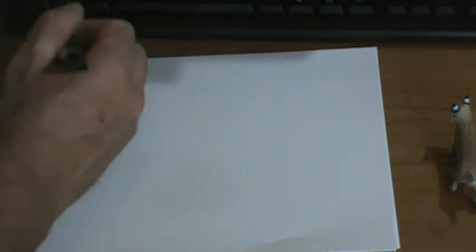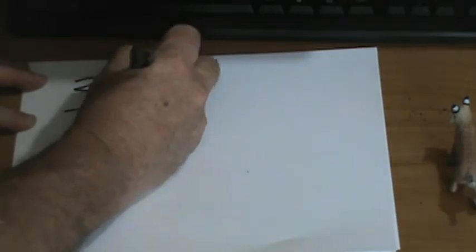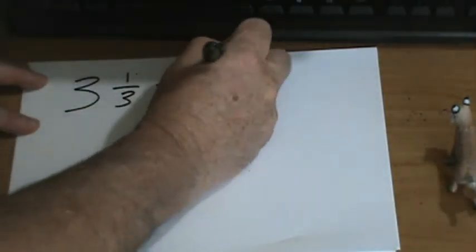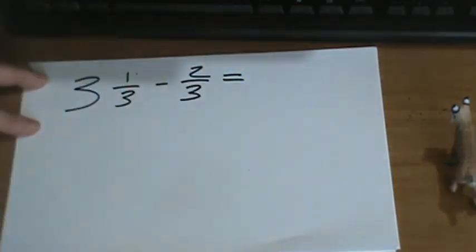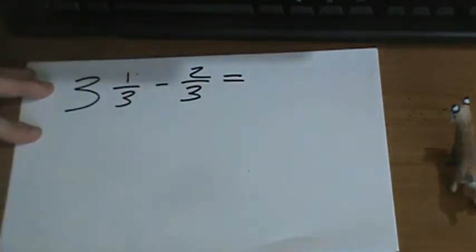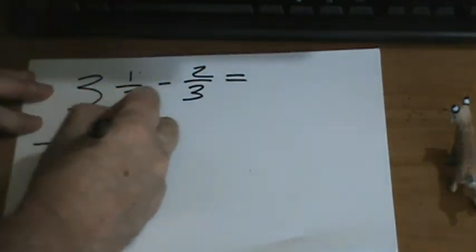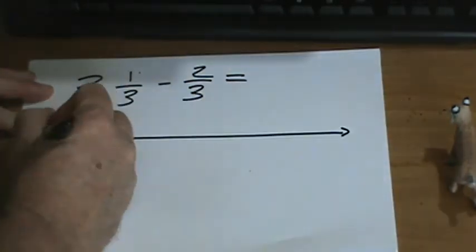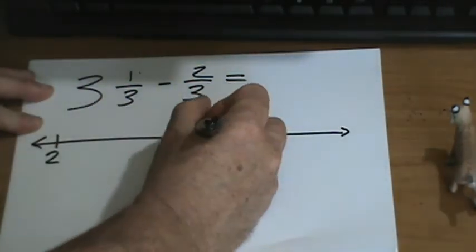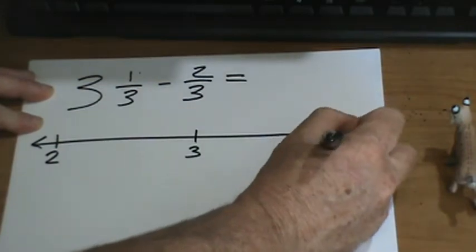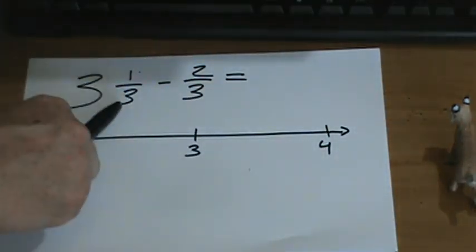Let's continue on, moving right along to 3 1/3 minus 2/3. And let's go ahead and do a number line on this one, just so we really get our heads wrapped around it. I'm going to go with 2 here, 3 here, and 4 there. What unit are we going to break them into?